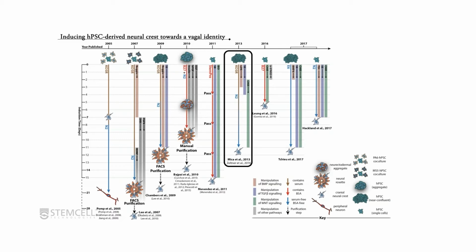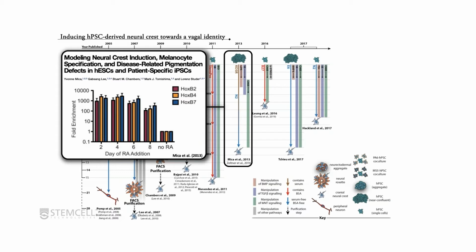However, in the supplemental figures of this publication, they presented data that show that the neural crest they were generating did not express HOX genes and therefore was likely to be cranial in identity. And that's almost certainly true for all of these protocols that are presented in this schematic.